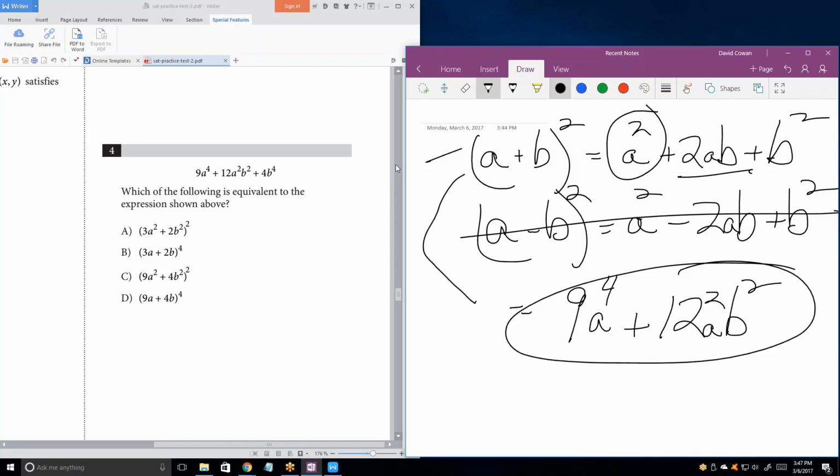That's all you need to know to figure out the answer. Well, not totally, I guess. And then finally, the third term would be B squared, which would be 4b to the 4th. In other words, you need to be able to do answer A. You need to be able to square that and see whether that's equal to that term.